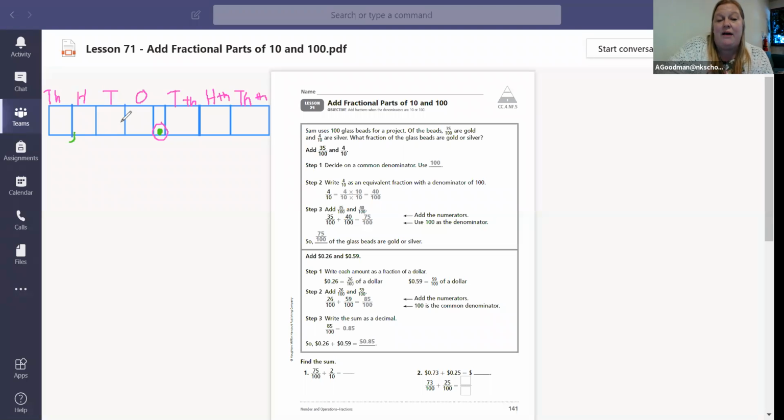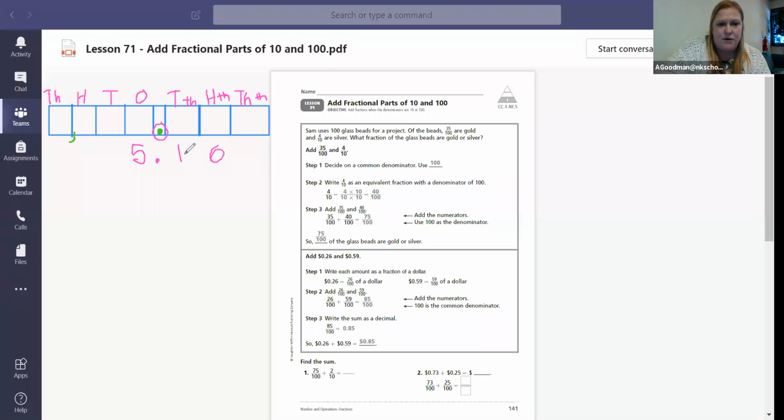So say you had the number 5 and 16 after the decimal point. Whatever place it goes out to, that's what we call it.